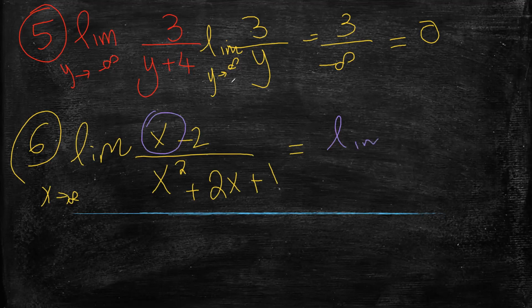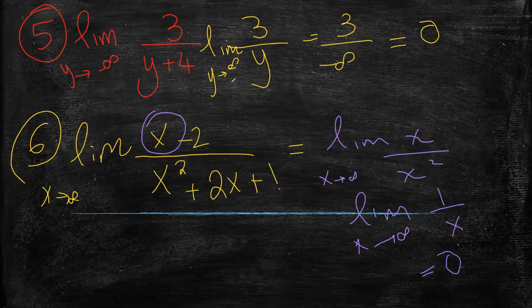So limit x over x squared. We will simplify it. It will be 1 over x. So it will be limit 1 over x when x approaches infinity. So it will be 0.